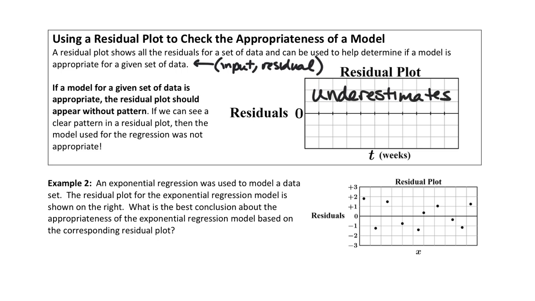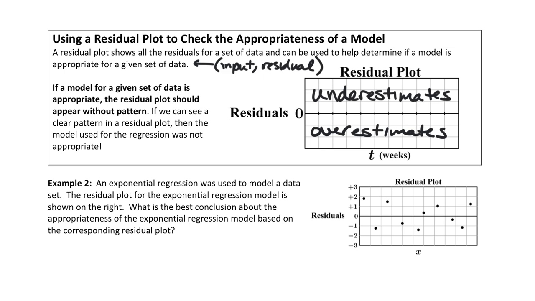And all of the values with a negative residual underneath 0 are overestimates, which looks a little backwards since the under is above and the over is below. So got to keep that straight. Positive residuals are an underestimate. Negative residuals are an overestimate. So the graph has underestimates above 0 and overestimates below 0.